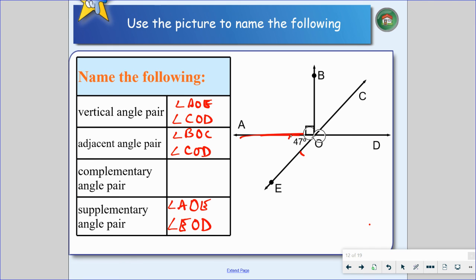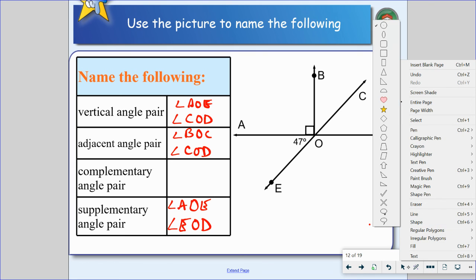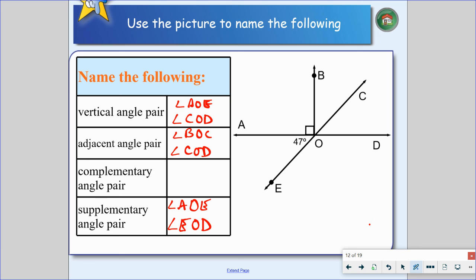And last but not least, we go to complementary. Now this one's going to be a little tougher, so I would just like to point out with a little disappearing ink firstly. If this guy is 90, then the one right next to it is 90 as well, right? Because if they make a straight 180-degree angle, then 90 plus 90 is equal to 180.